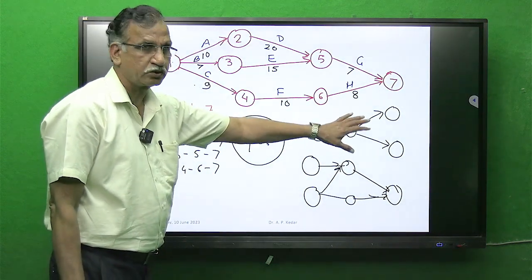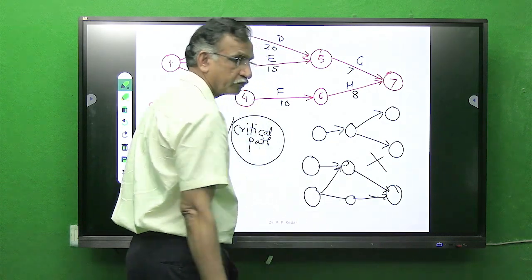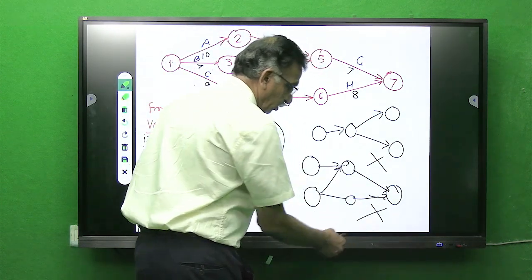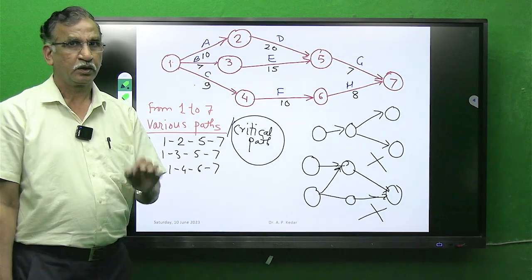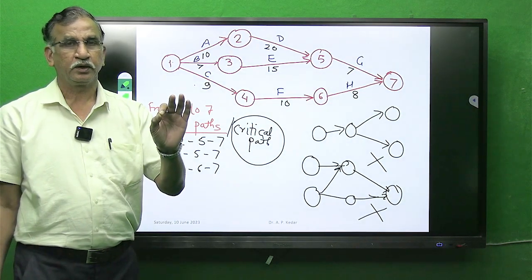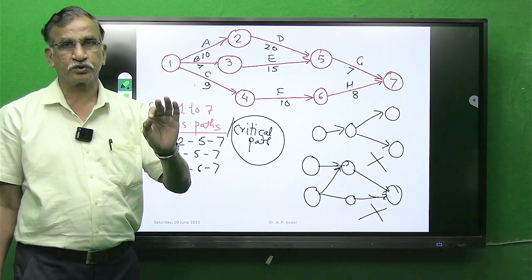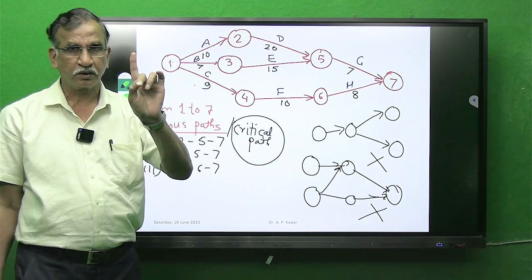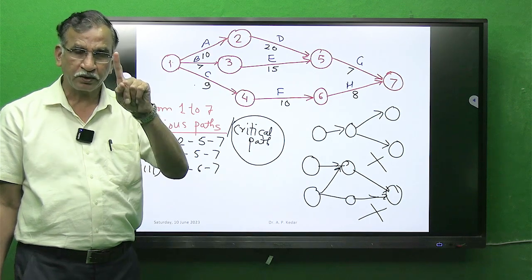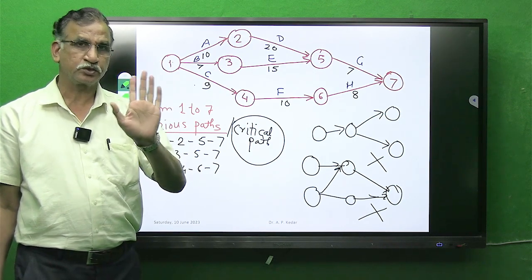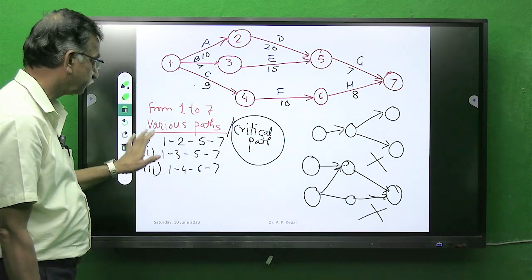And they say this is the network. Students, this is wrong. This is also wrong. So keep one thing in mind. Underline this statement. Whatsoever is the complication of the project, any project will have only one starting event, only one end event. That's all.